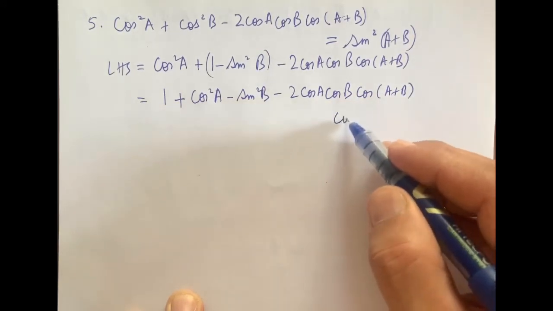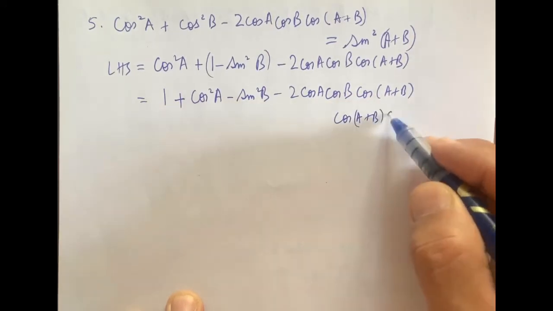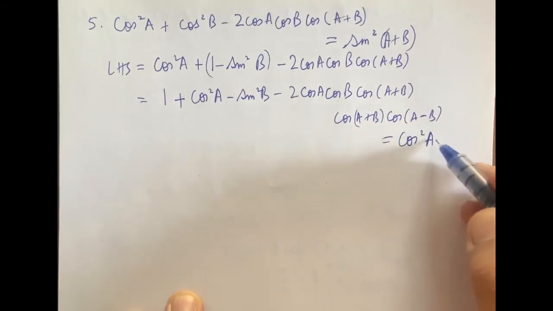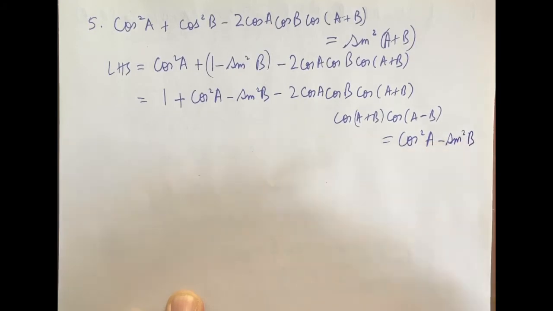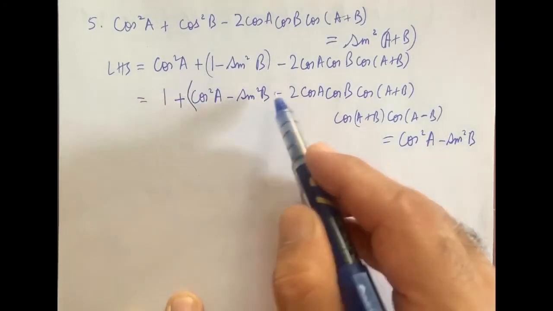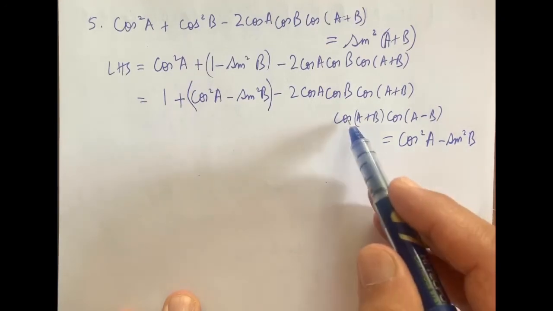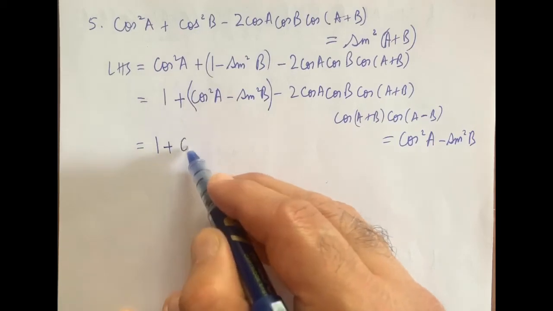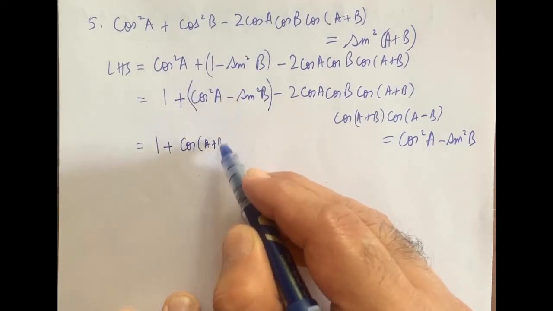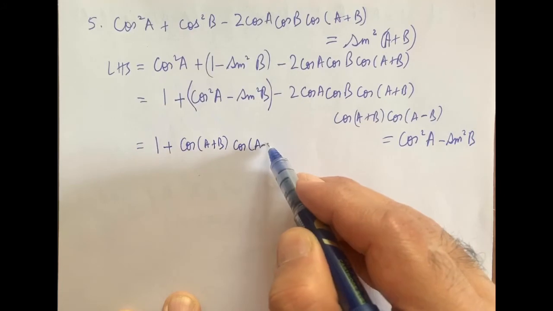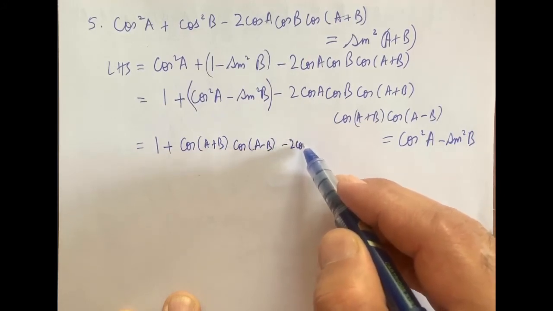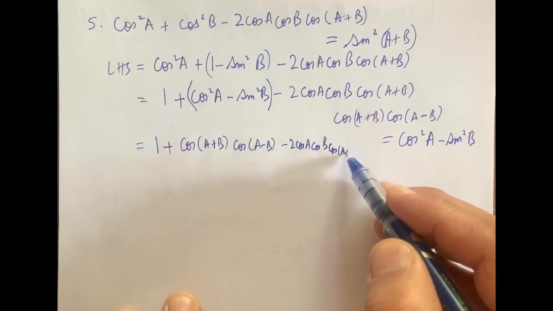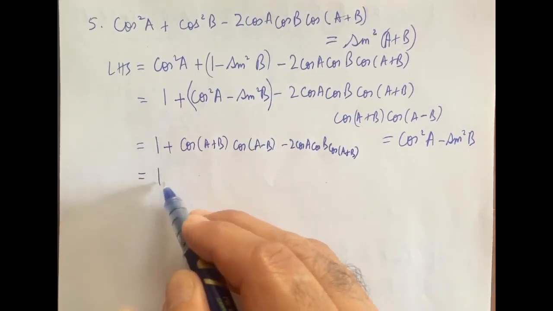Now recall that cos of A plus B into cos of A minus B is cos square A minus sin square B. So that means cos square A minus sin square B can be written as cos of A plus B into cos of A minus B. This is 1 plus cos of A plus B into cos of A minus B minus 2 cos A cos B into cos of A plus B, which is 1 plus.